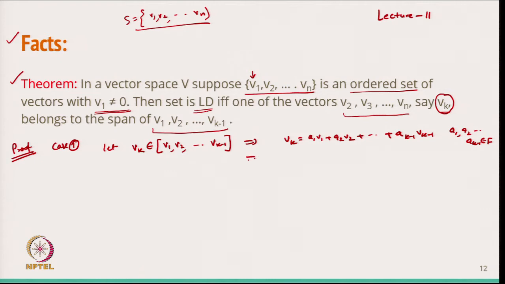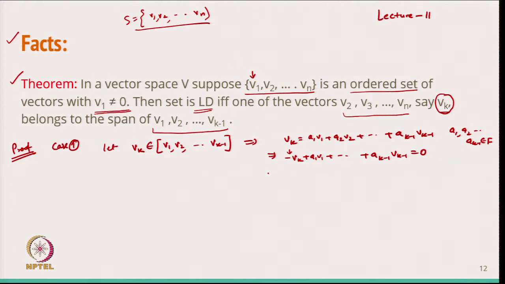From here I can write minus Vk plus A1 V1 up to Ak minus 1 Vk minus 1, that is equal to 0. You can see that the values of A1, A2 up to Ak minus 1 can be anything, but the coefficient of Vk is always minus 1.